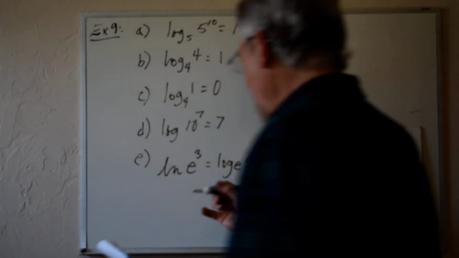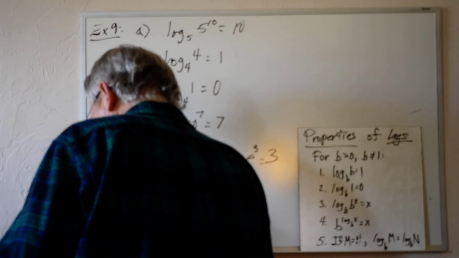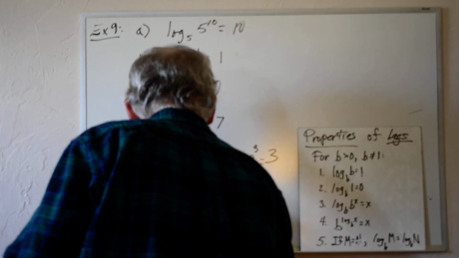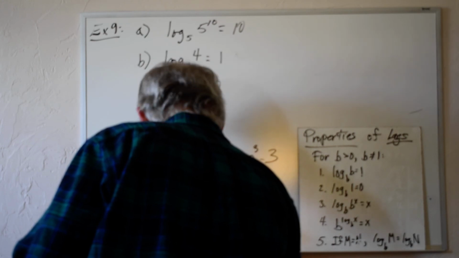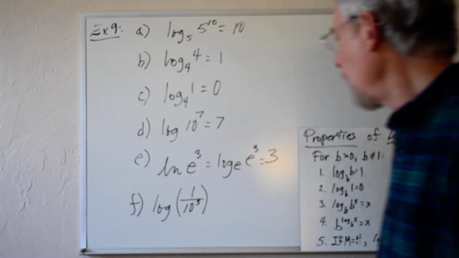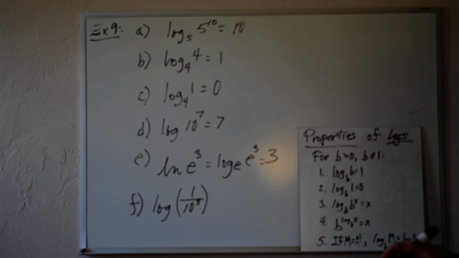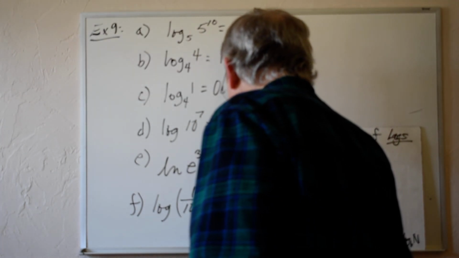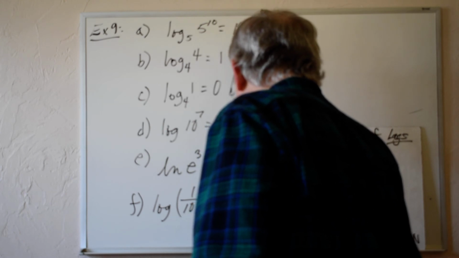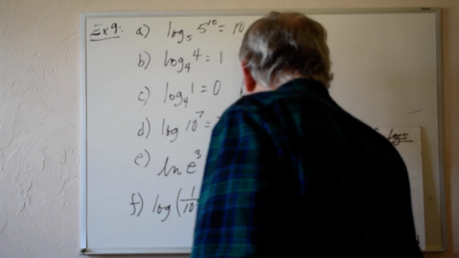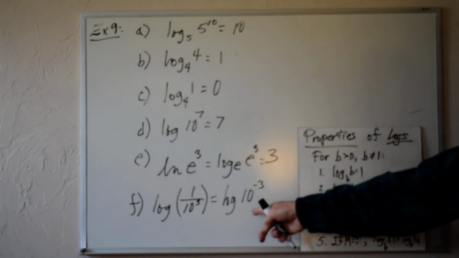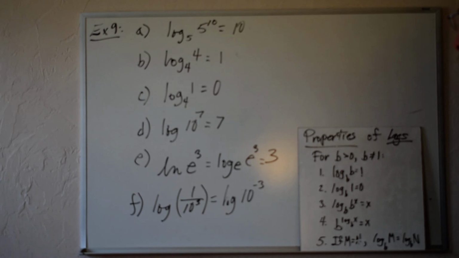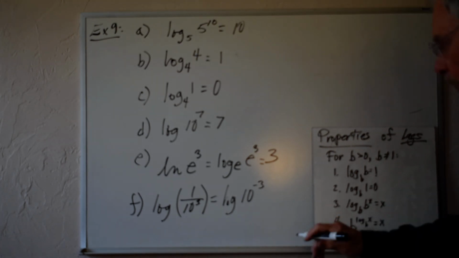And finally, part F involves some division. The common log of 1 over 10 cubed. Well, you can quickly simplify this if you just convert 1 over 10 cubed to its exponential form, 10 to the minus 3.